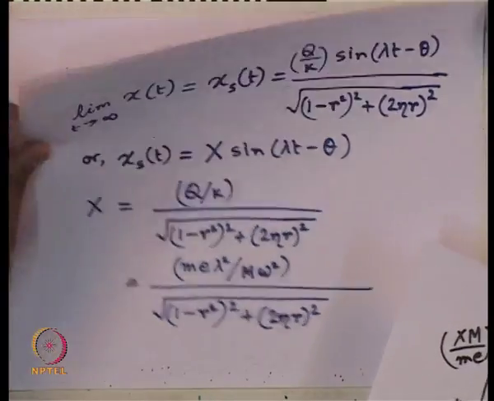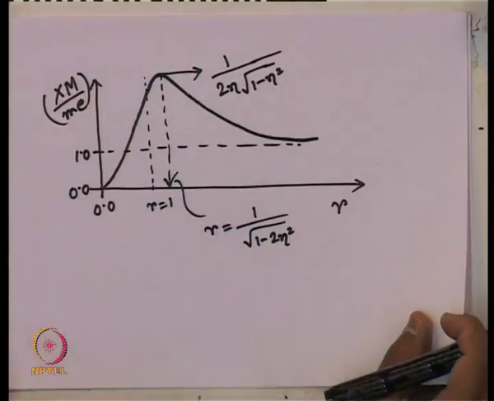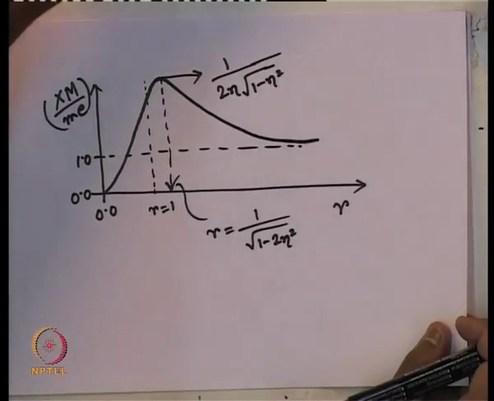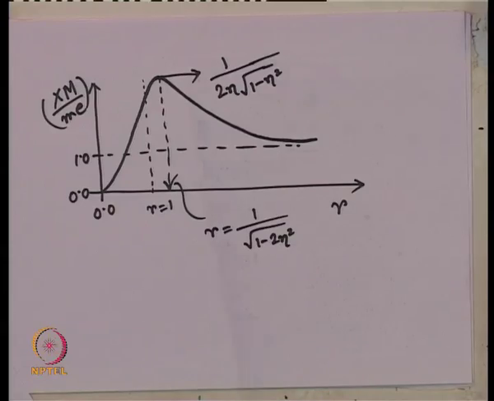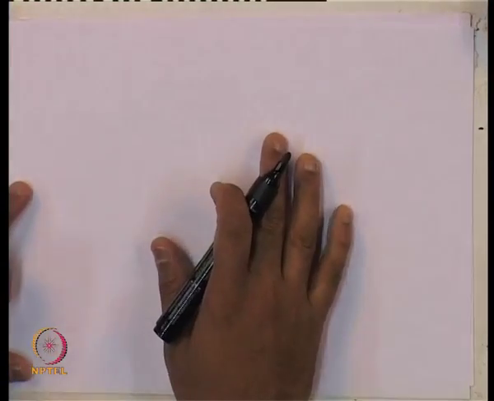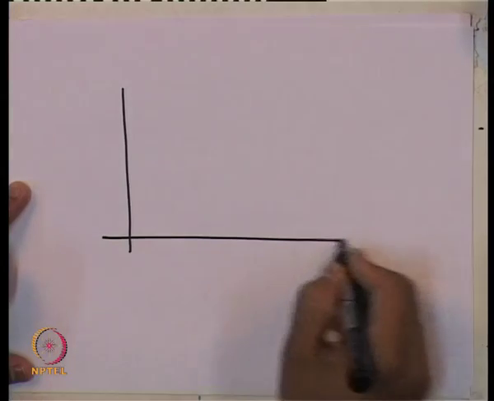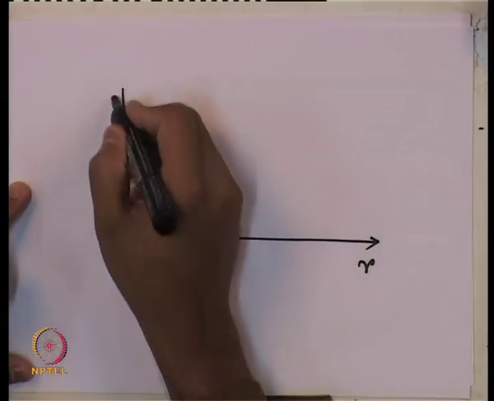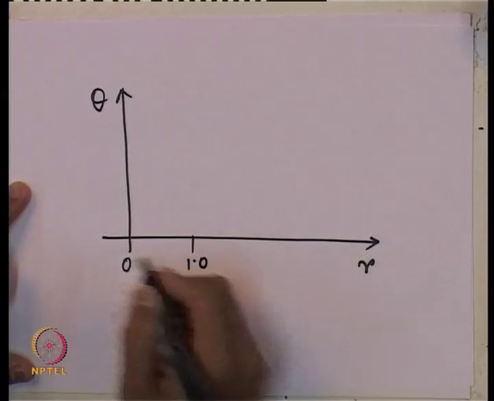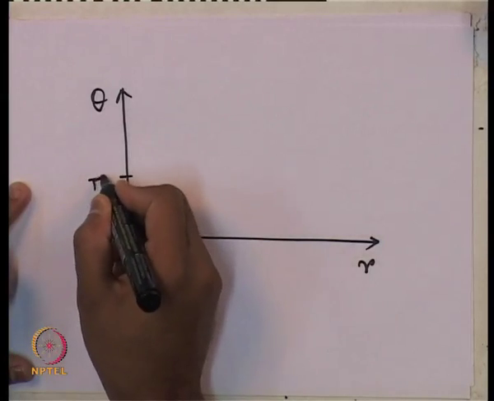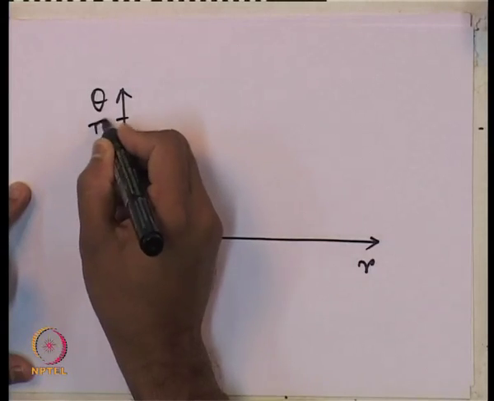Let me draw the variation of the phase here itself. It will be something similar: theta versus r, with 0, pi by 2, and pi.